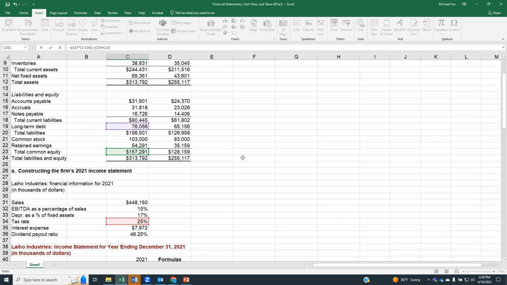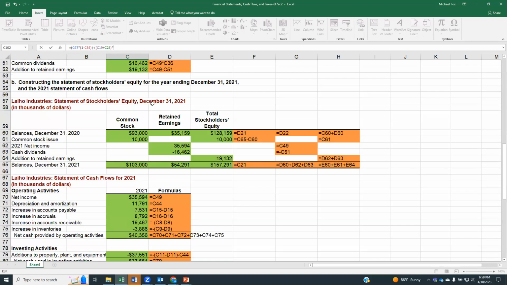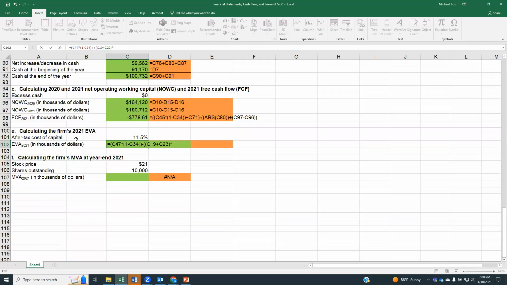Whoops. I needed to have two parentheses there. And then we're going to multiply that by our cost of capital, which is given to us right here. So what this means is that we're actually making more money than it's costing us, which is a good sign. Okay.